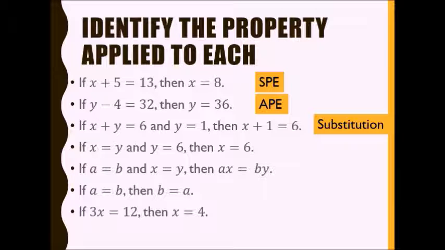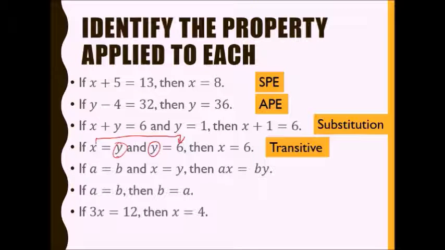Next, if x equals y and y equals 6, okay, so parehas equal sa y si x at si 6, therefore x equals 6 na po. So, dito, dalawang quantity na pag-connect ng parehas na y, no? So, this one is transitive property.